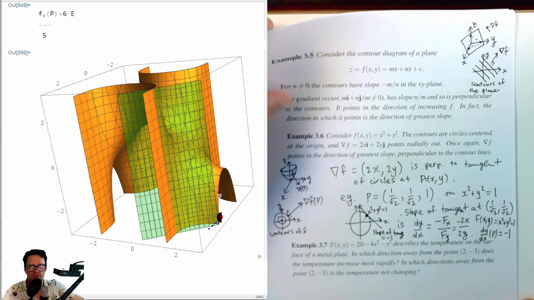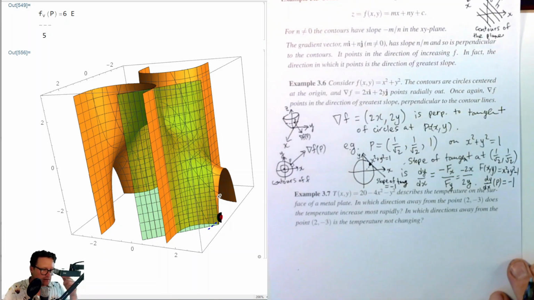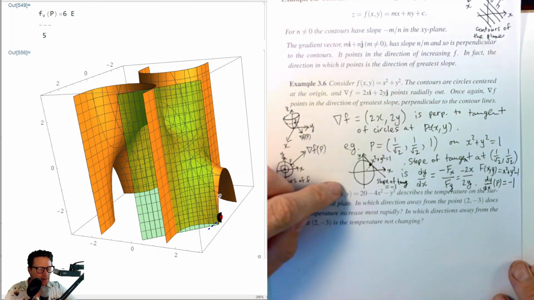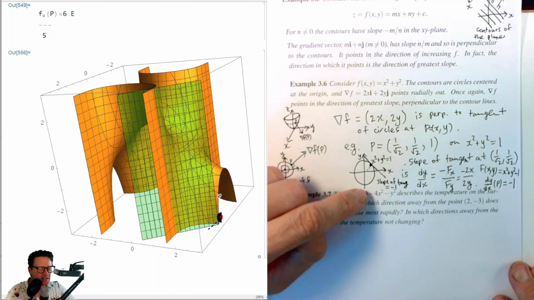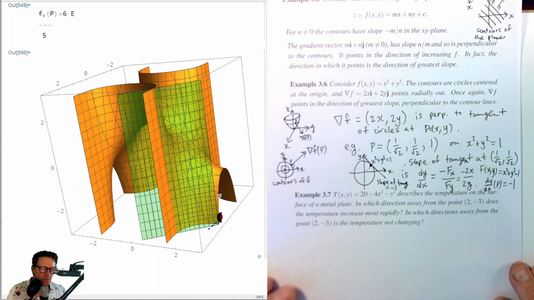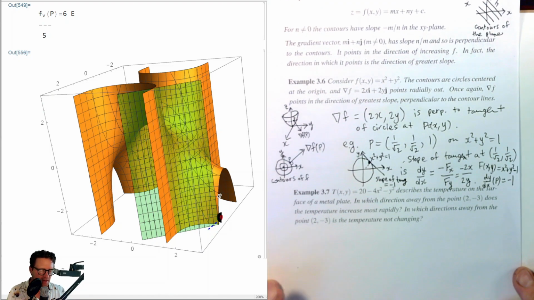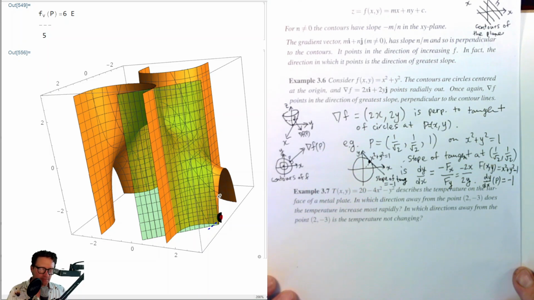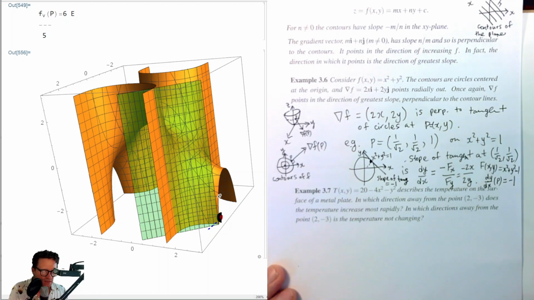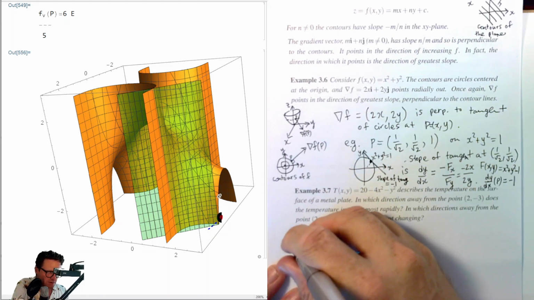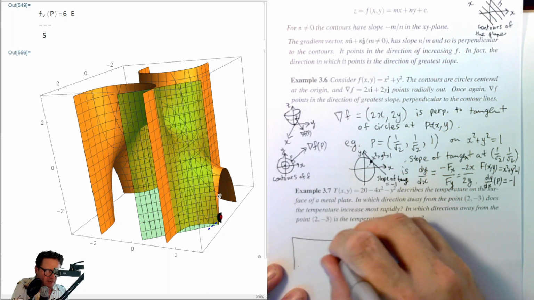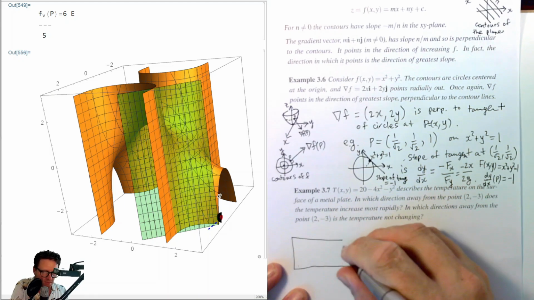All right, example 3.7. Let T, a function of x y, be 20 minus 4x squared minus y squared. So this describes the temperature on the surface of a metal plate. Okay, so what would this look like? Well, so you might have a metal plate, rectangular, something like this.